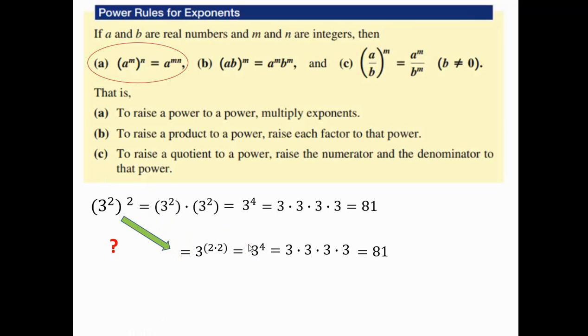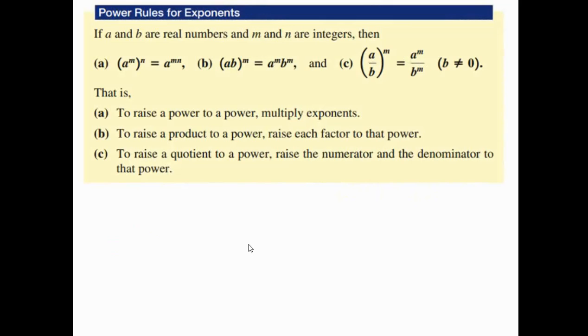All right, so we'll go to our next one here. Again, we're talking about our power rules. And we're going to talk about the second of the 3 power rules, which is generally referred to as a power over a product.